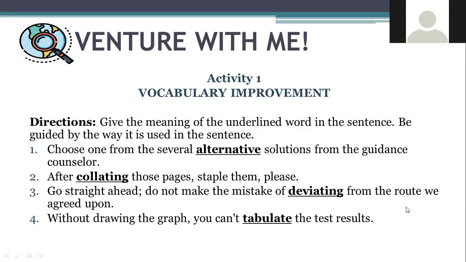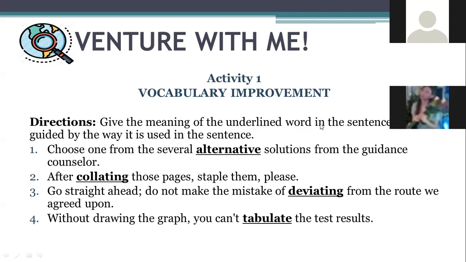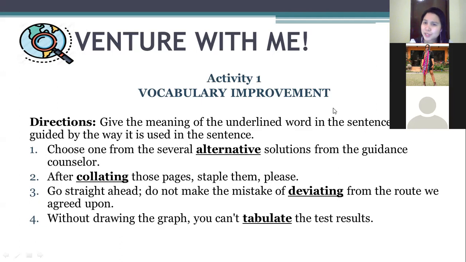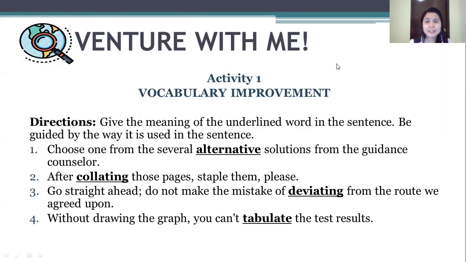How about Shimei? Can you help John? Without drawing the graph, you can tabulate the test results. You can record. Oh, very good. That's it. Like you can enter, you can encode. Encode is a very good synonym of that. So if you say tabulate, it means encode.